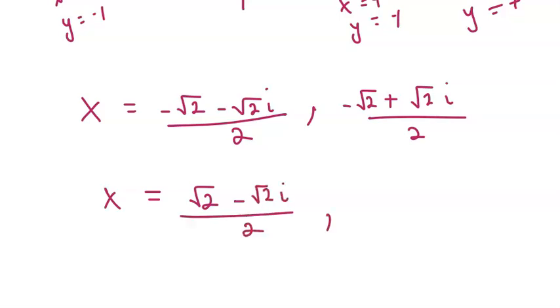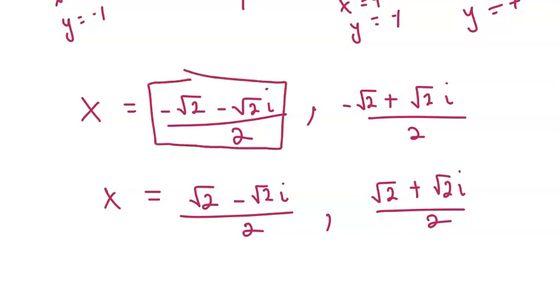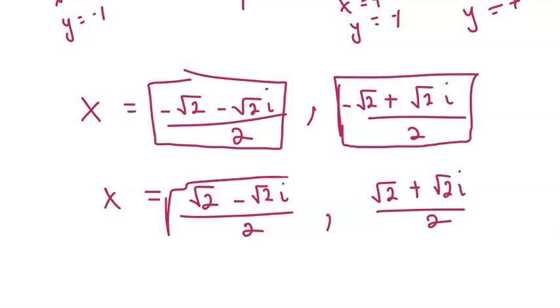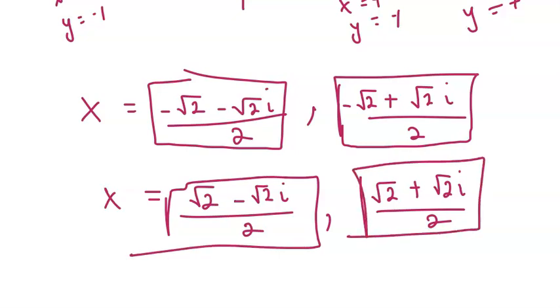And for here, we have root 2 plus root 2 i, divided by 2. So here, both x and y are negative. Here, x is negative, y is positive. Here, x is positive, y is negative, but here, x and y are both positive. So this is our solution, right?